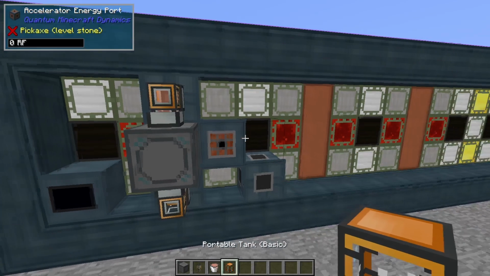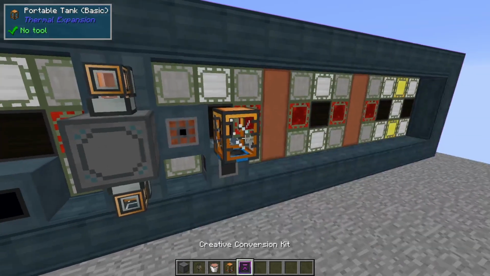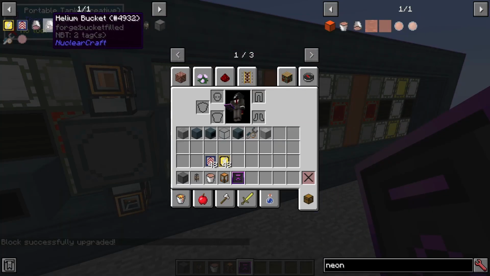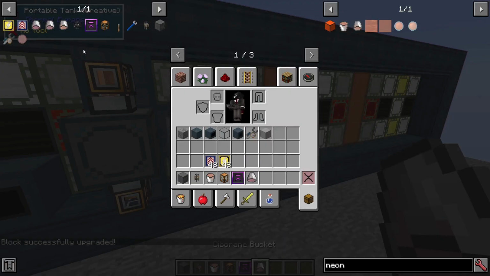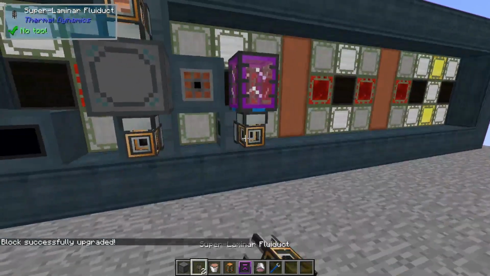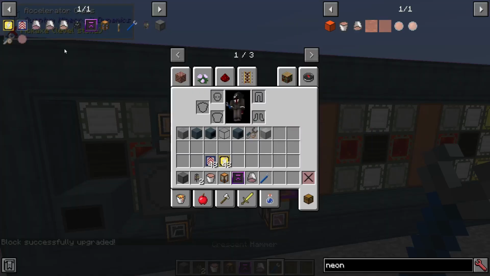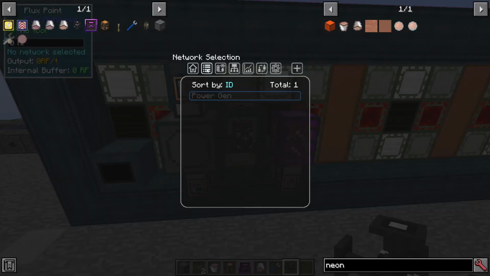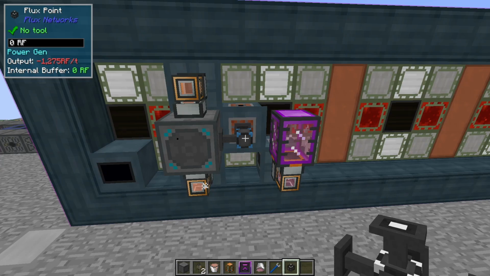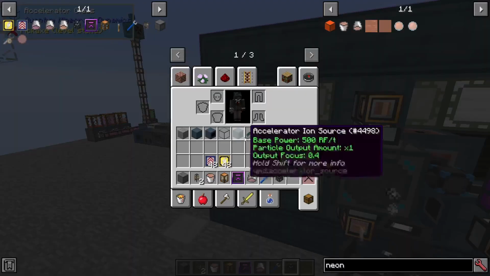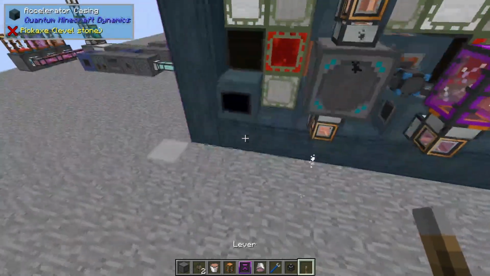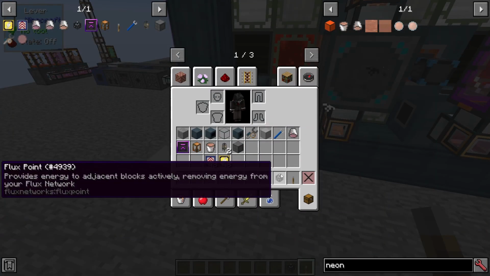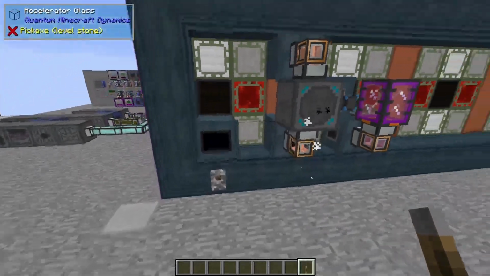Then we're going to need a portable tank here, which is going to act as our infinite particle source. And we will also need this flux point to feed the supercooler and our accelerator with energy. And last but not least, a lever to give our accelerator a redstone signal so it can turn on.